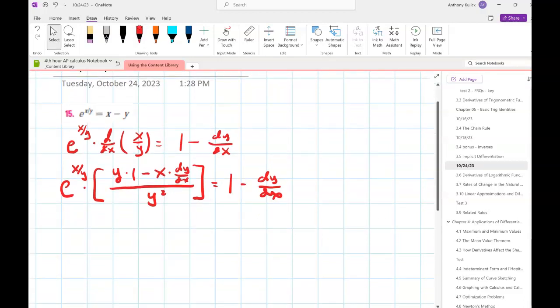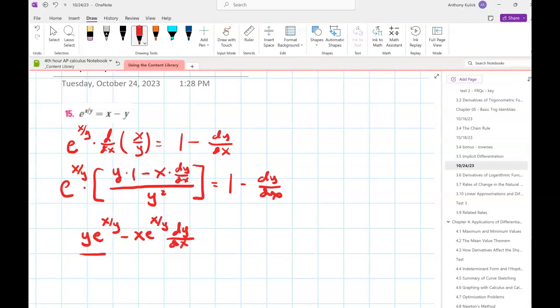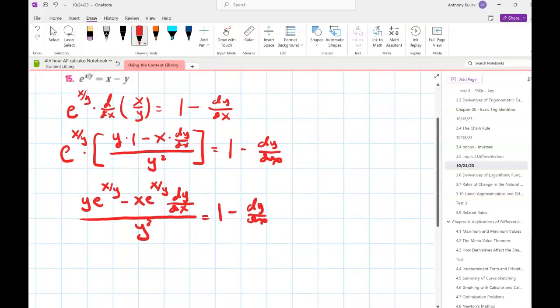So let's see. I've got to get the dy/dx all on the same side. So let's start by just distributing through that e to the x over y. And then I'll multiply both sides by y squared to get rid of the fraction.